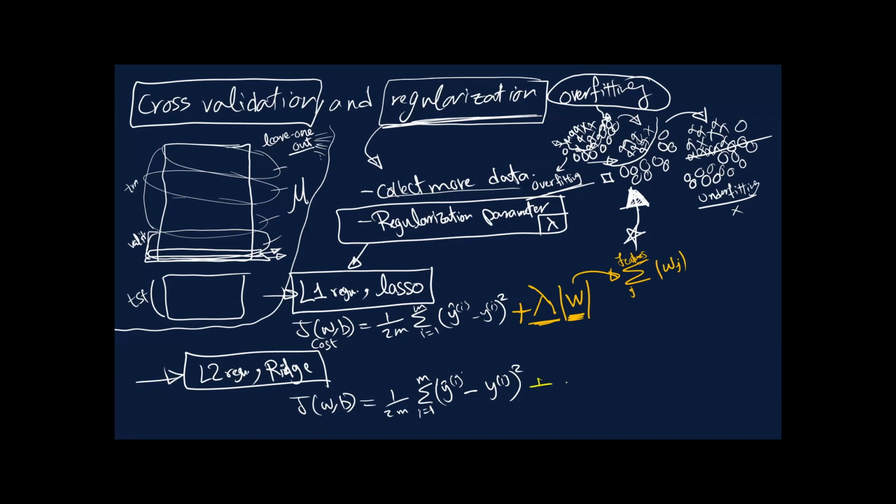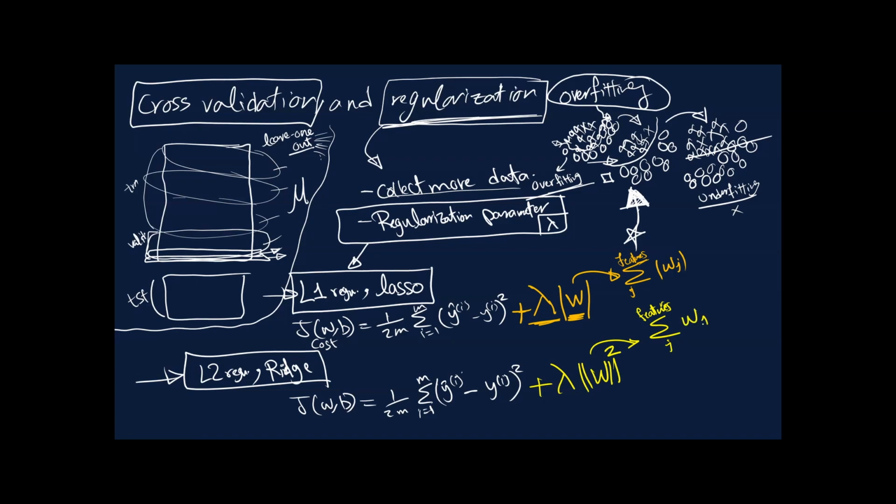So it will look like this, and here we have W squared. The way we get this is, again, by adding the values of the feature weights, but this time we are squaring the values.